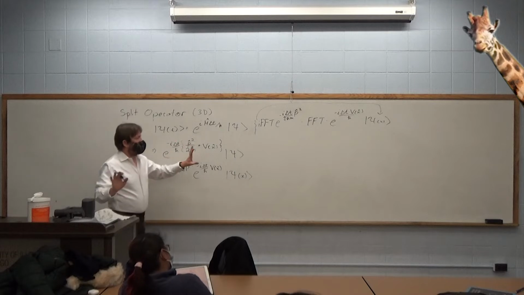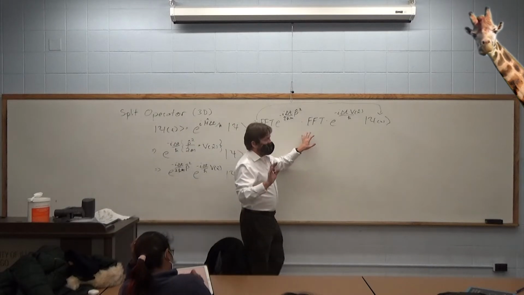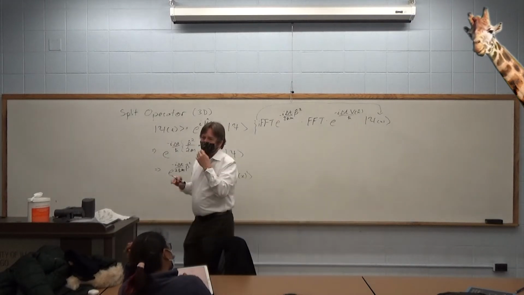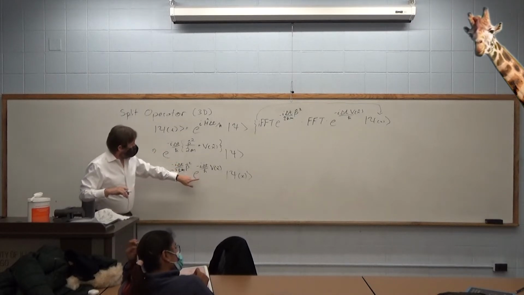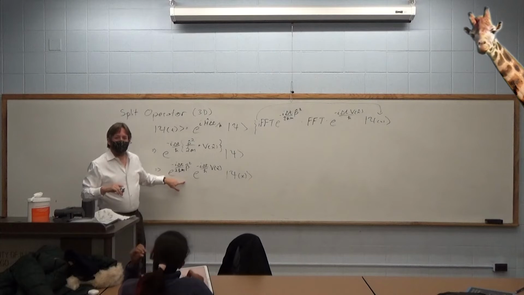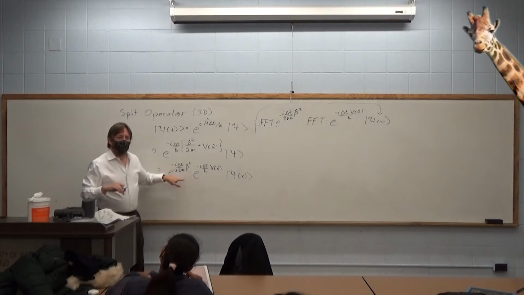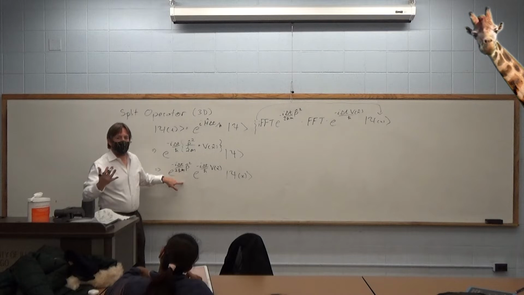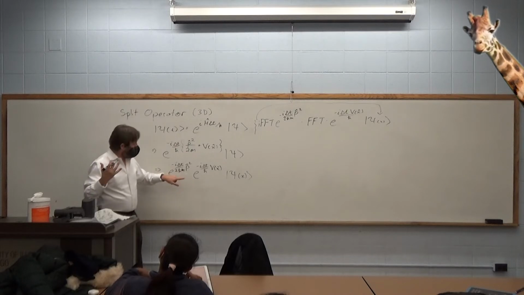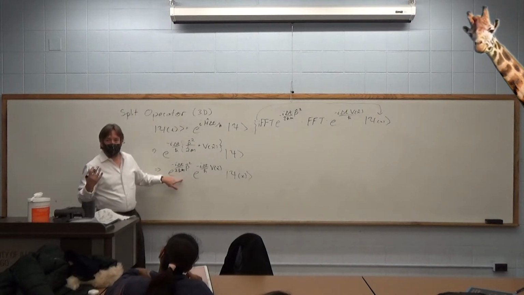Okay, now there's one giant problem with this. I mean, this lecture would be done if this was actually true, but there's a problem. Who says I did it in this order? Is there ever a problem with the order of operations of operators? When is operator A, operator B not equal to operator B, operator A? Because remember, each one is still an operator.